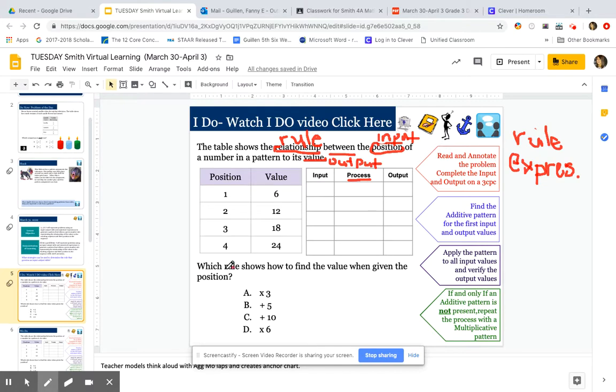So it says, which rule shows how to find the value when given the position? So I am looking for the value given my position, right? So I already know this is input. So I have made my annotations. This is what I know, right? Output.